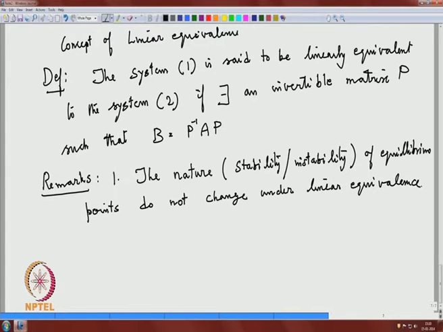We will tell what equilibrium points are. So, what are these equilibrium points? You will see again, as I said, more on nonlinear systems, with correct definitions.